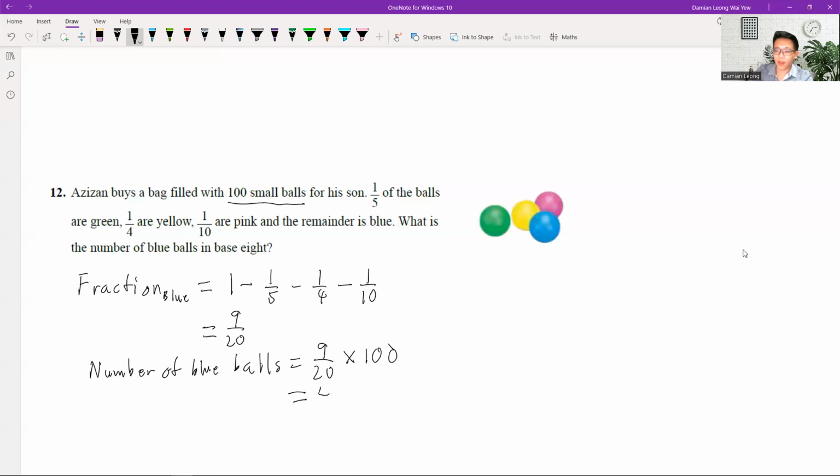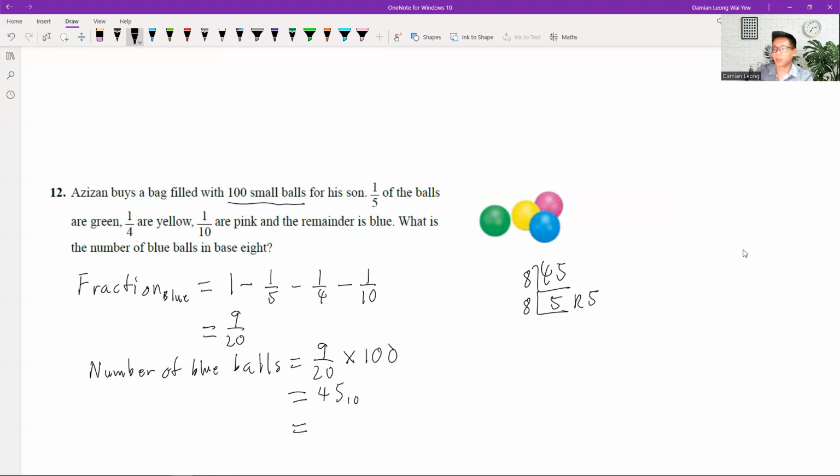So there are 45 blue balls, but this is in base 10. What they want in the question is in base 8. So we just convert 45 to base 8. 45 divided by 8 is 5 remainder 5.